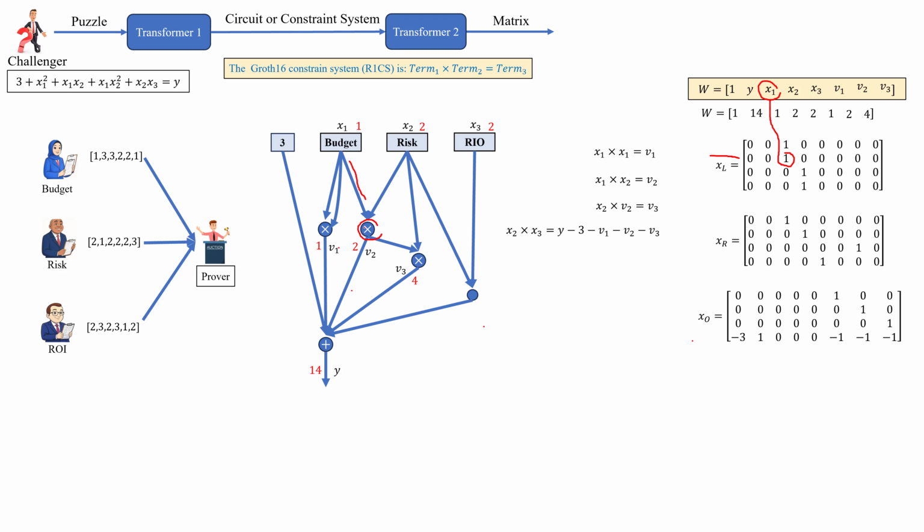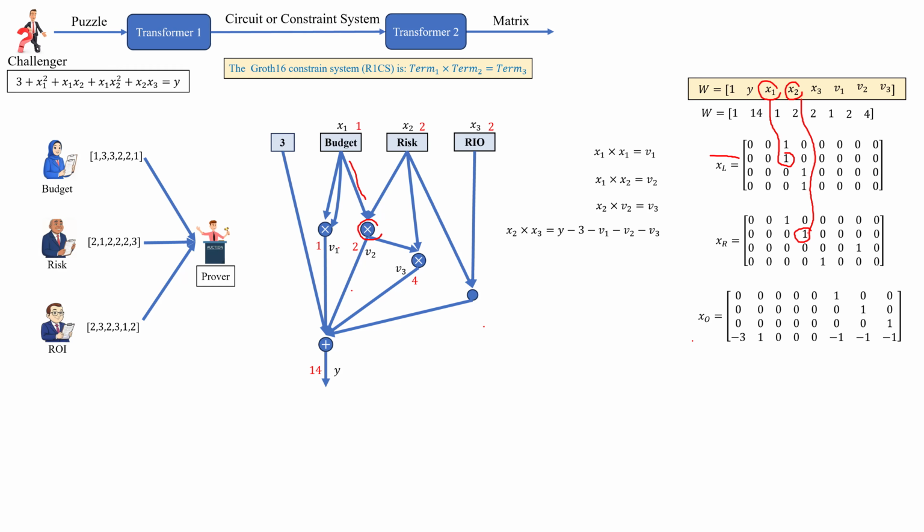The right input of gate 2 is X2, right? So then I'm going to replace the position of X2 by 1, right? The value number 4 is related to X2, and then I replace the position of X2, the value number 4, by 1.